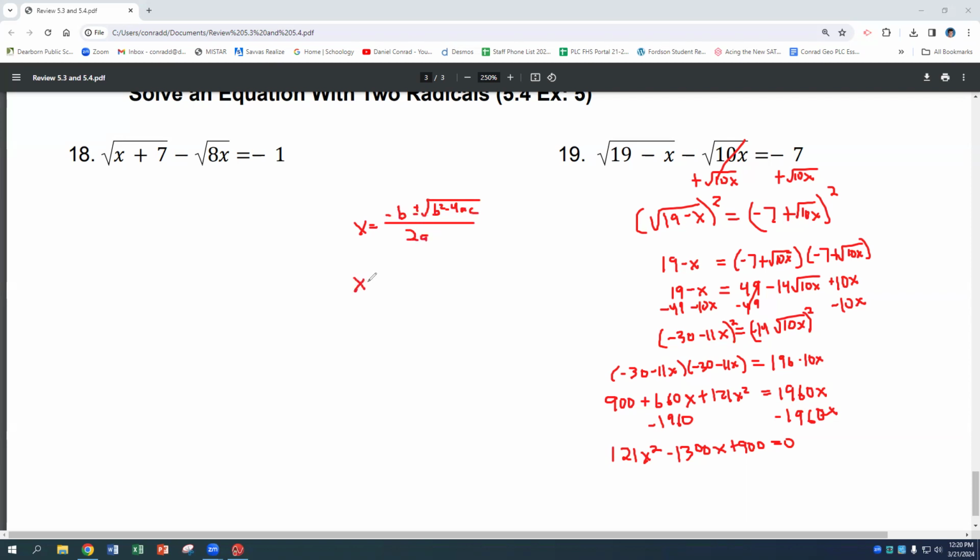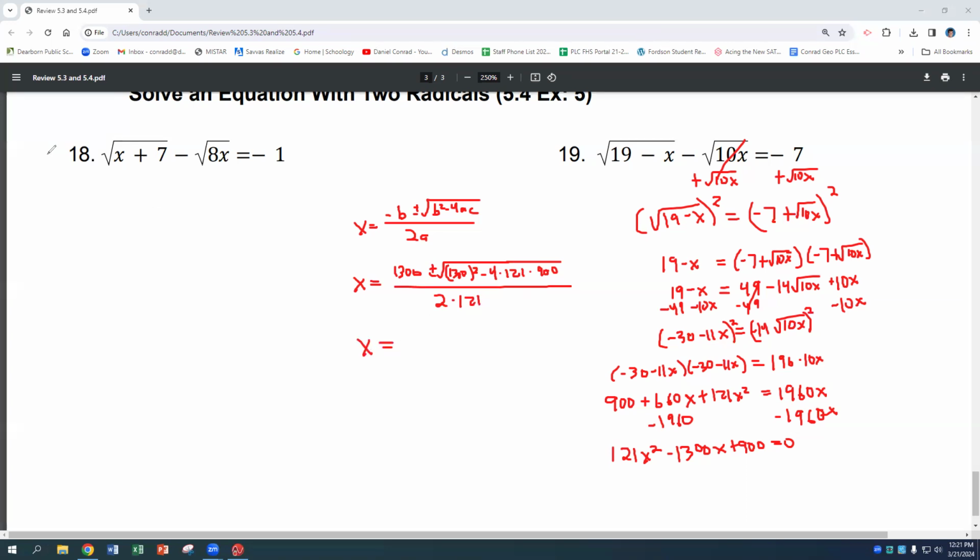Okay, so we're going to do opposite of b, so that's negative 1,300, yep. Plus or minus square root 1,300 squared minus 4 times 121 times 900 all over 2 times 121.